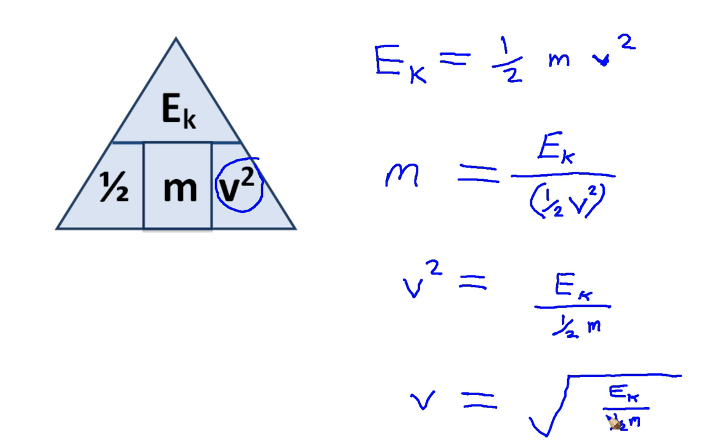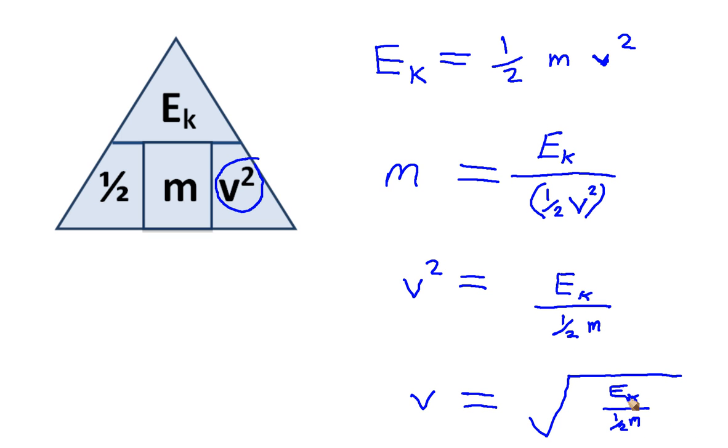So you can't just plug into your calculator the square root and then EK divided by blah blah blah, because you'll actually only be doing the square root of the energy at the top here. So you've got to take the square root of the whole thing, so work out the answer of the EK divided by half m, and then take the square root of that.